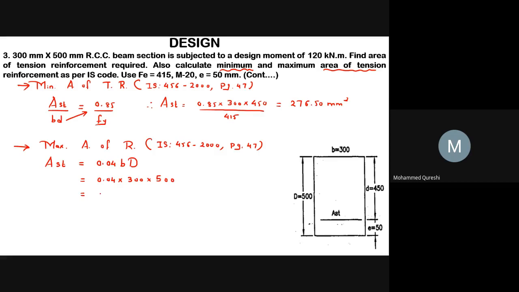So you will get the value of capital Ast as 6000 mm square. So here capital D is 500, small b is 300, small d is 450 mm, and e equals 50 mm, and the area of steel is three numbers of 20 dia bars.